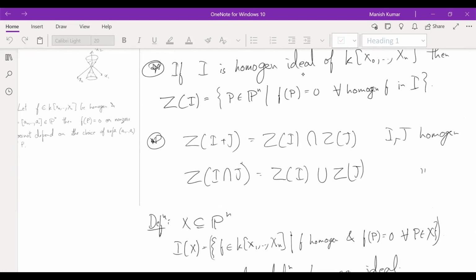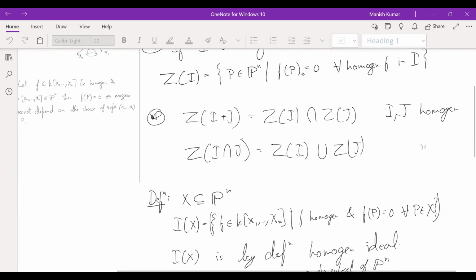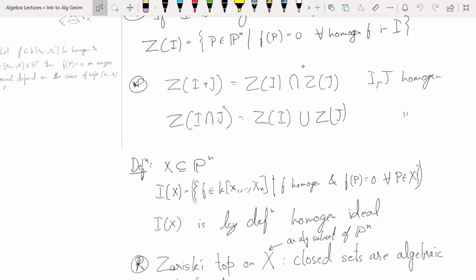And again, if you have a subset X of Pn, then you can define the ideal of definition of X as well in K[X0, ..., Xn].